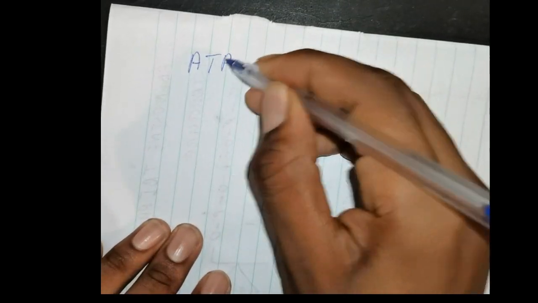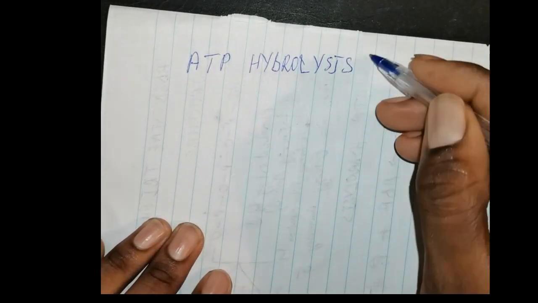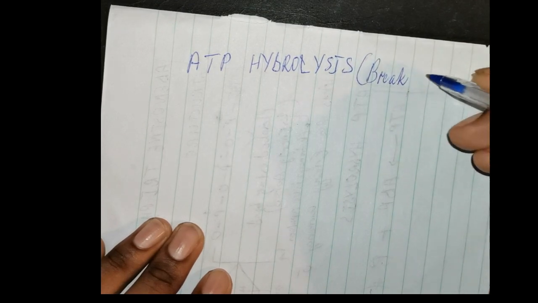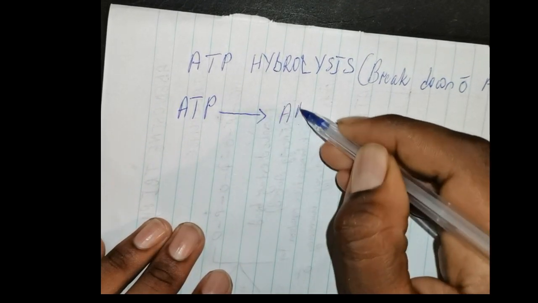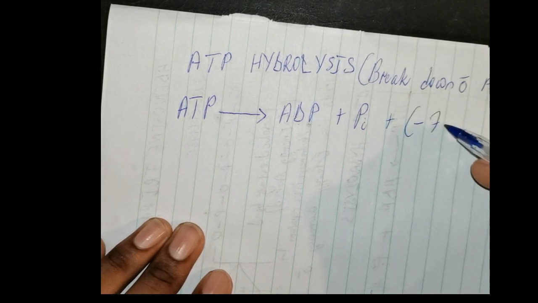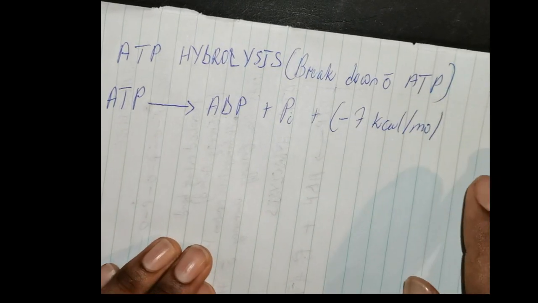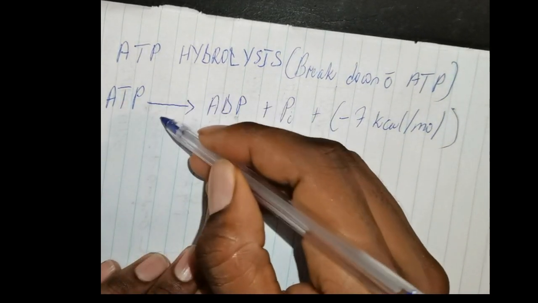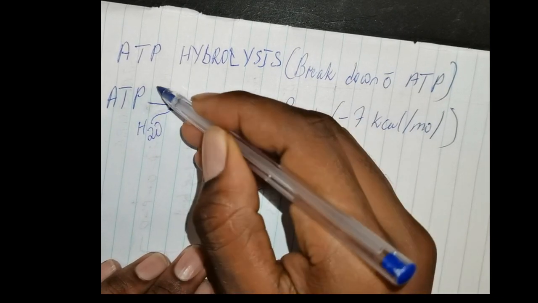ATP hydrolysis refers to the breakdown of the ATP molecule in the presence of water to form ADP plus inorganic phosphate, releasing negative 7.3 kilocalories per mole.